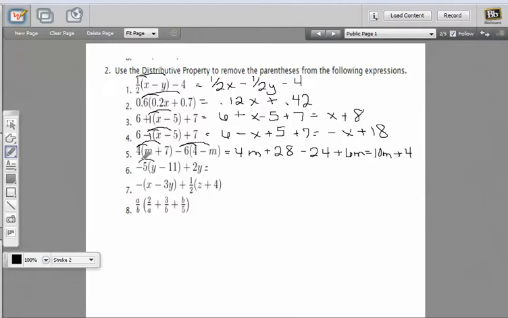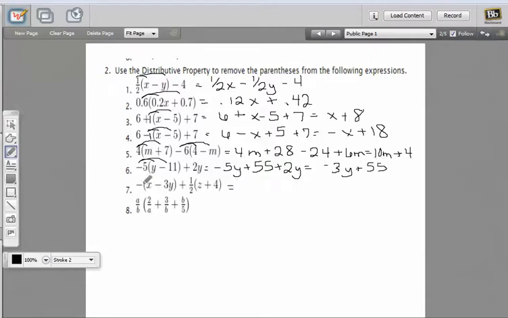In number 6, we're going to distribute the negative 5, so we get negative 5 times y. And negative 5 times negative 11 is a positive 55. And if I'm going to combine like terms, that leaves me with a negative 3y plus 55.